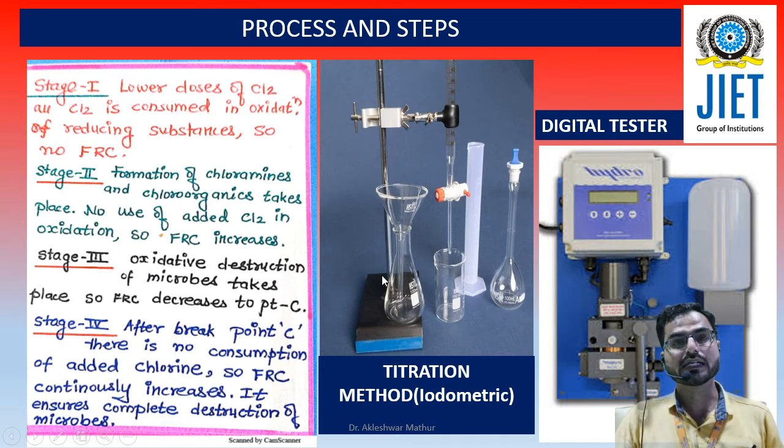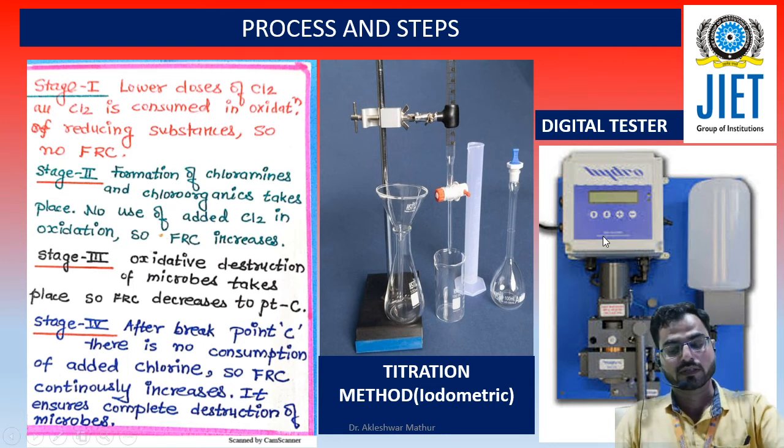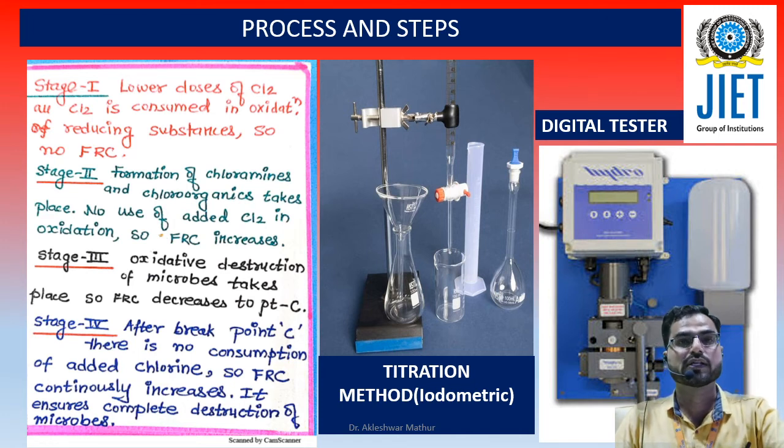Nowadays, digital testers are also available by which we can directly add the water sample to the container and the amount of free residual chlorine is displayed on the screen. The selection of method depends upon where you are working. If you are working in a normal laboratory, we can use the titration method, or if we have the digital facility on mass scale, then we can use the digital tester for the free residual chlorine.